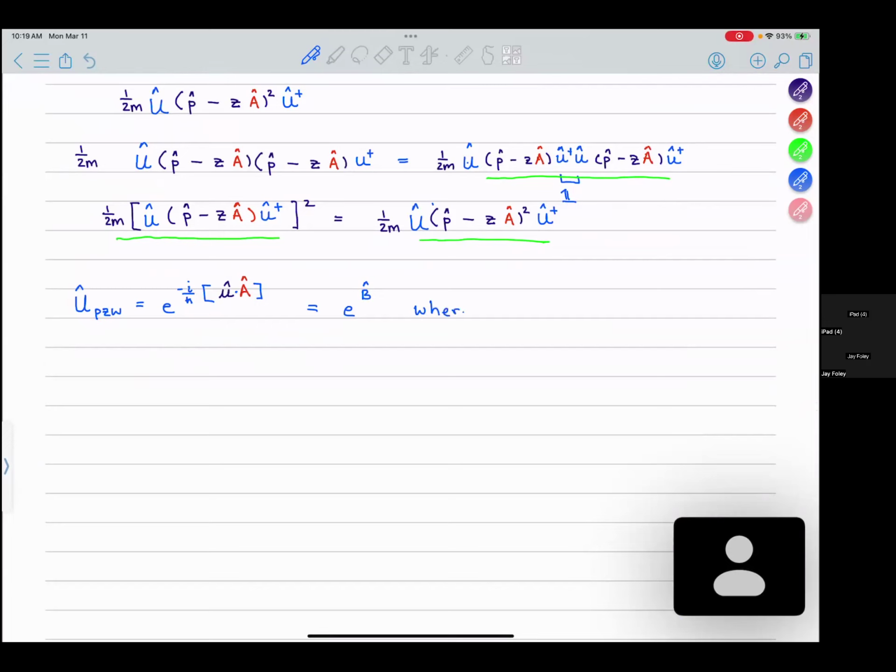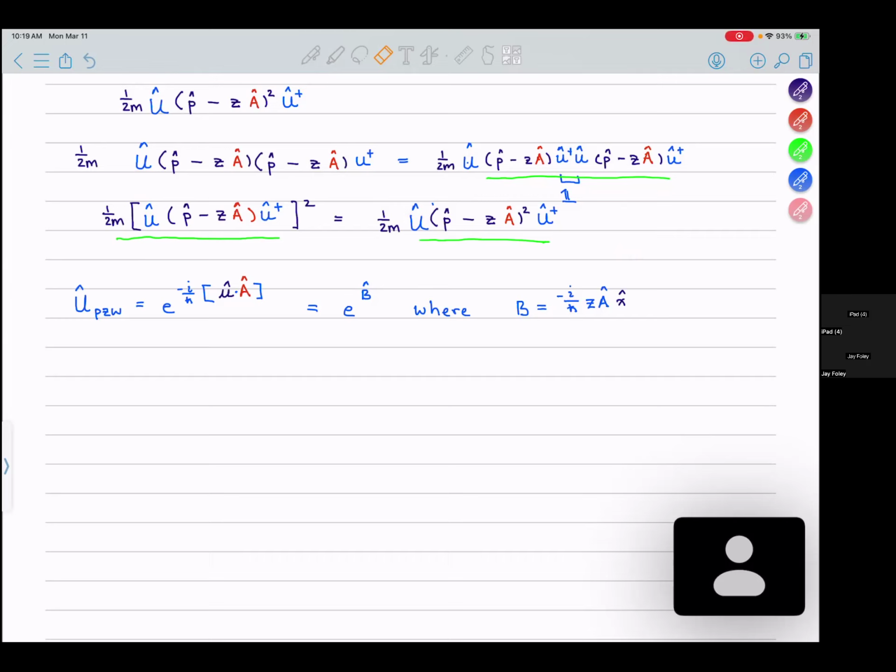So now we'll have B hat equal to minus i over h bar z a hat, and then I'm going to use my purple color for x hat, because that's the one thing which is an operator that I need to worry about as I transform this matter momentum operator.